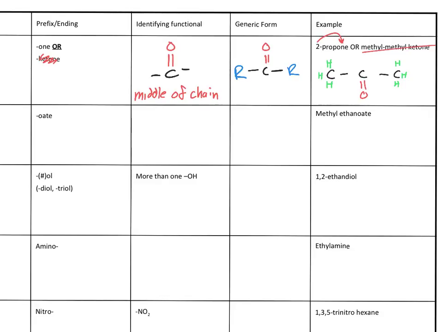So in this case, the identifying functional group is the fact that we have a carbon, and that carbon is double bonded to an oxygen and single bonded to another oxygen, and then there's a branch. So this would be the rest of my chain. So there's a branch, and this would be my chain, and this has to be the number 1 carbon.